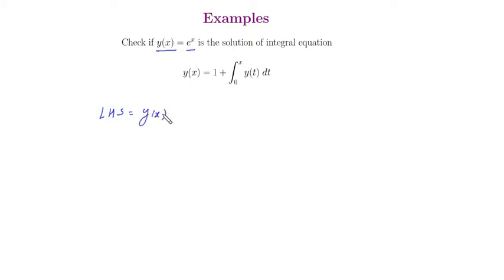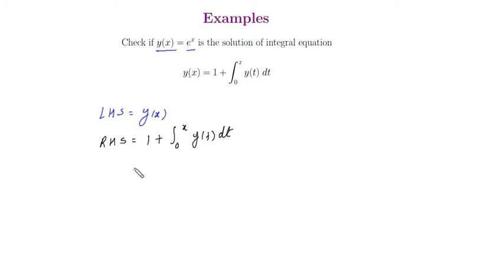Here we have our left hand side, that is y(x), and for the right hand side we will put y(x) equals e raised to x. So for your right hand side, RHS equals 1 plus integral from 0 to x y(t) dt. Since y(x) equals e raised to x, y(t) equals e raised to t.